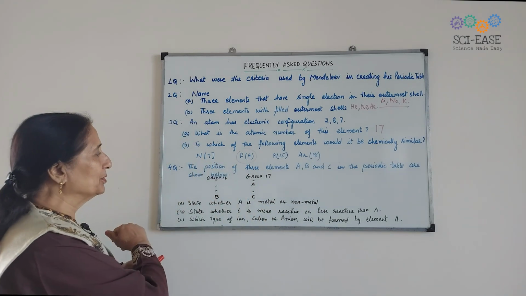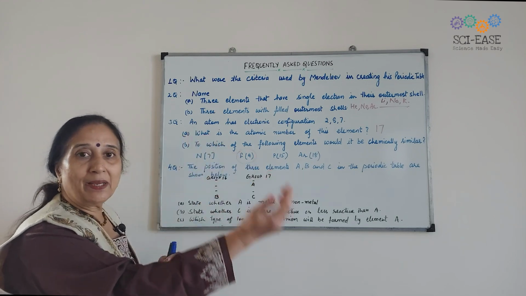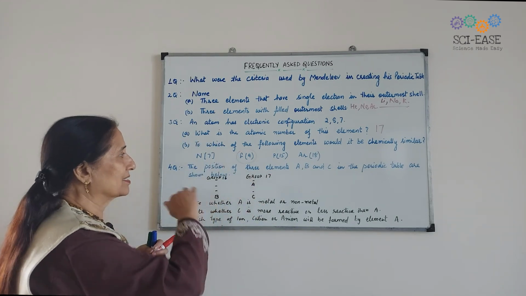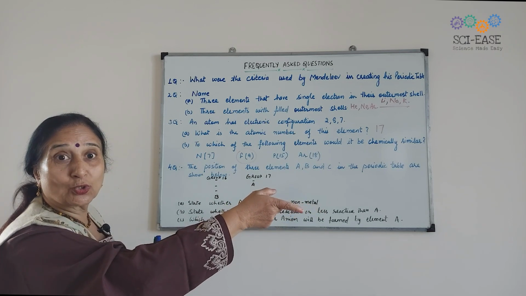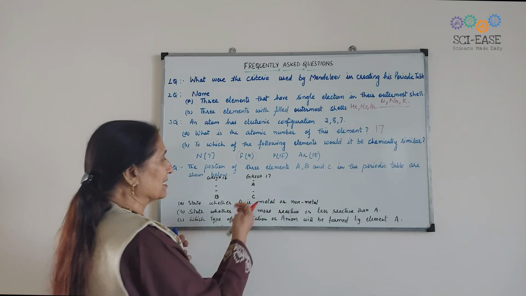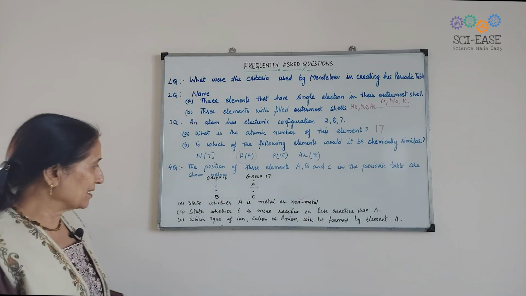Metals, I have told you that they are on the left hand side of the periodic table. Okay. So, these are non-metals which belong to group 16 or 17. So, state whether A is a metal or non-metal. It is a non-metal.